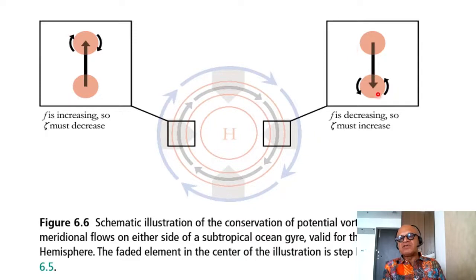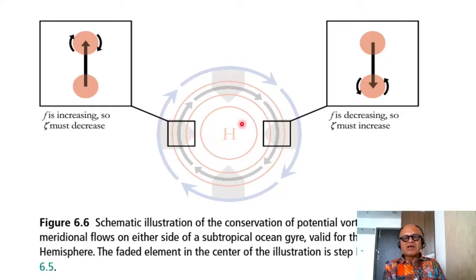So F is decreasing, which means zeta has to increase, so it has to be in the positive Z direction. So that's what is shown here. It acquires a relative vorticity in this direction, and that keeps accumulating as you go towards the west.